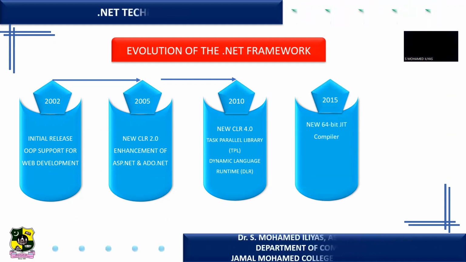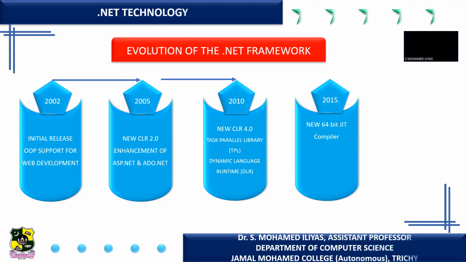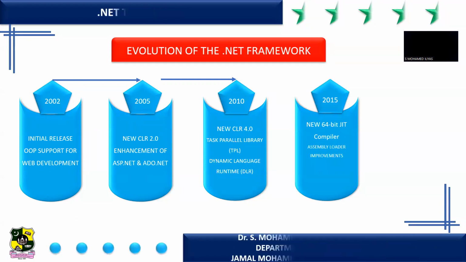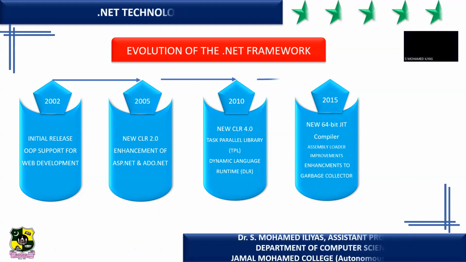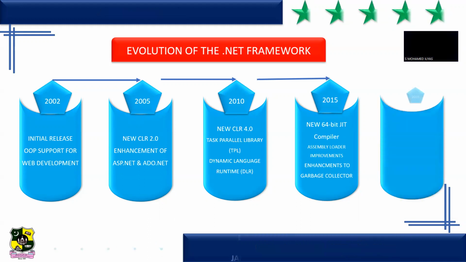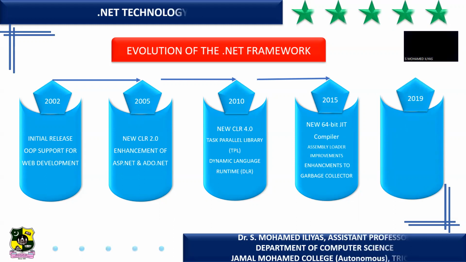In this version, it comprises the new 64-bit just-in-time compiler, assembly loader improvement, and enhancement to the garbage collector. And the latest revision came into existence during the year 2019.